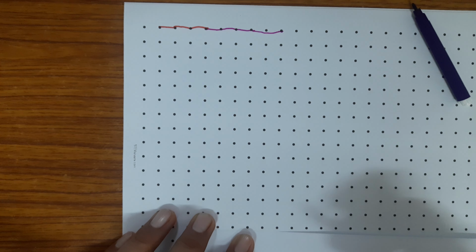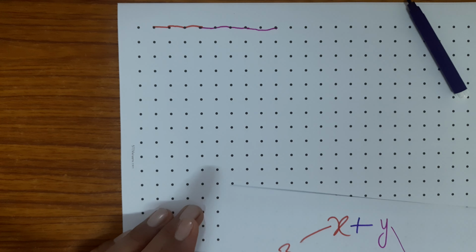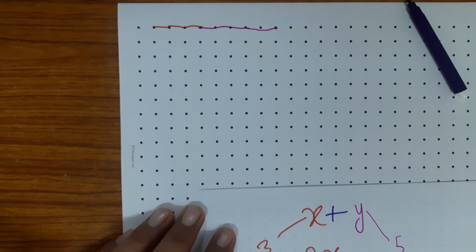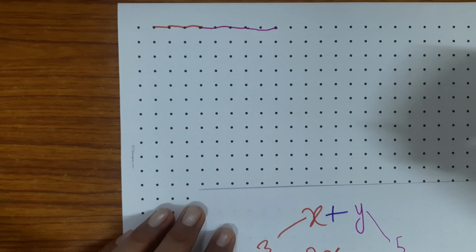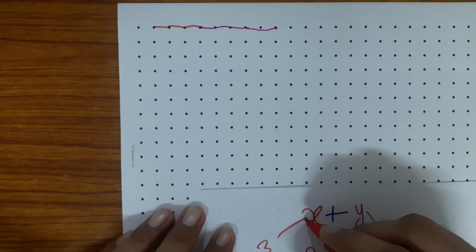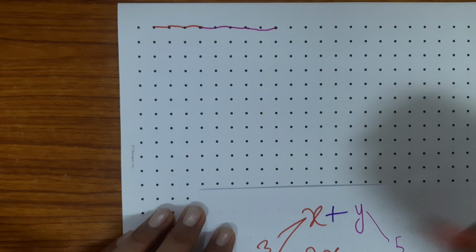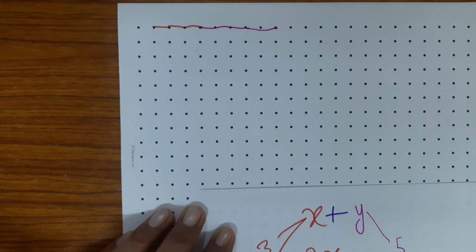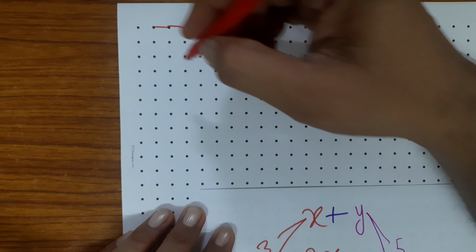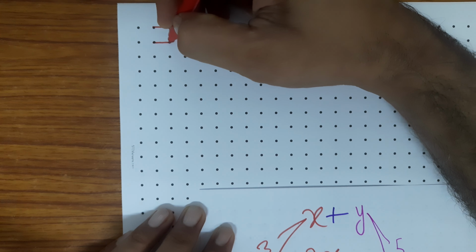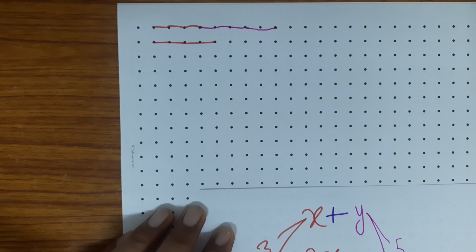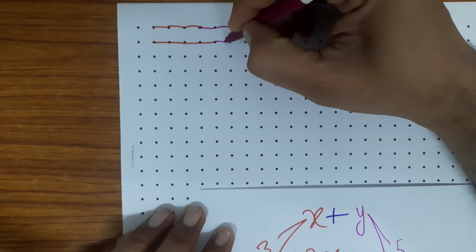And now I can have the same expression with different values of x and y. So if I use 4 here and 2 here, the same expression, when I substitute, will have 1, 2, 3, 4 and 1, 2.